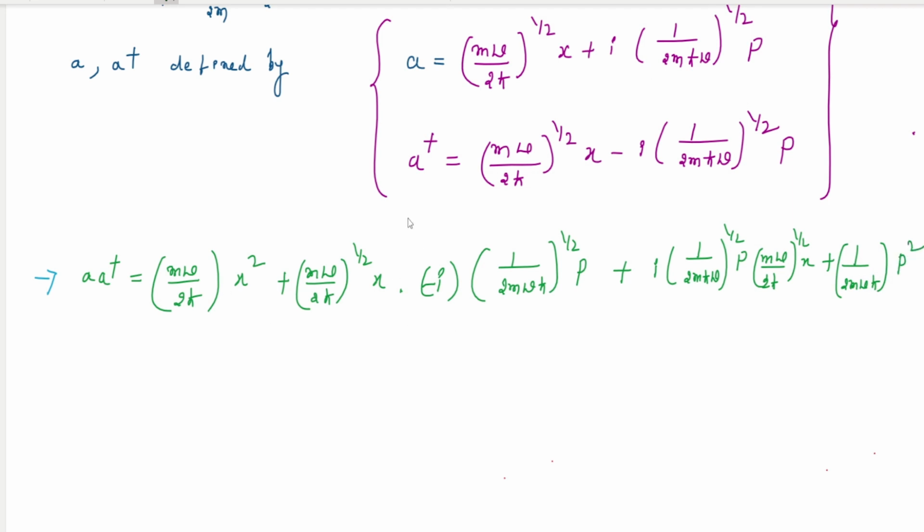This is the simple multiplication. If I cancel these terms, this one cancels and this one cancels, here 2m also cancels. The remaining parameters are like this.